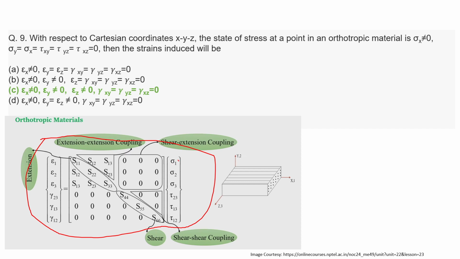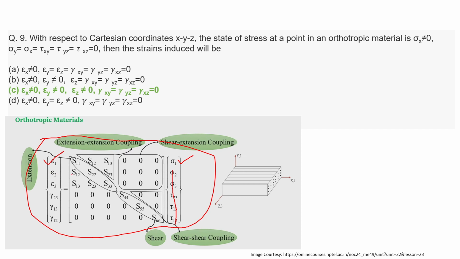That means this term is non-zero and all the other stresses are 0, so all these terms will be equal to 0. Now we have to find what strains will be induced in this system. So we have to find the correlation between this stress and which strains we can find from the compliance matrix. So strain in x direction is equal to S11 sigma 1. S11 value is non-zero, so we will get the strain in direction 1.